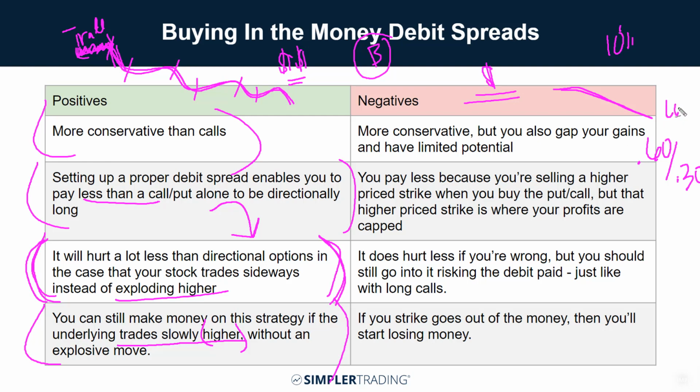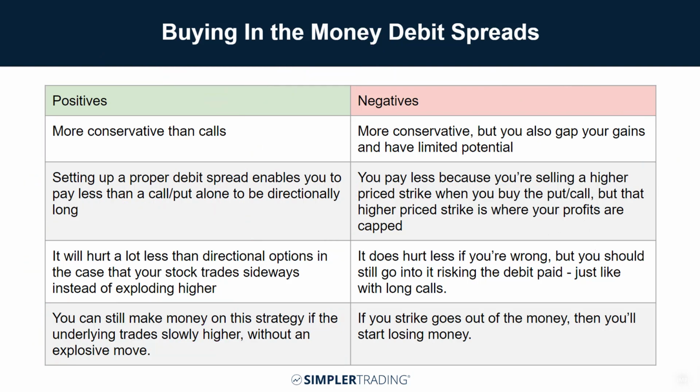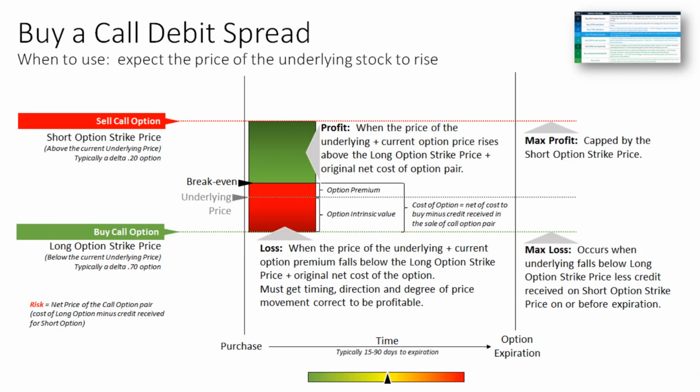So the long side of the spread would be the delta 60, and then the short side of the spread would be the delta 30. Let me see if I have that on a slide here. So yeah, here we go. You can do delta 70 as well.